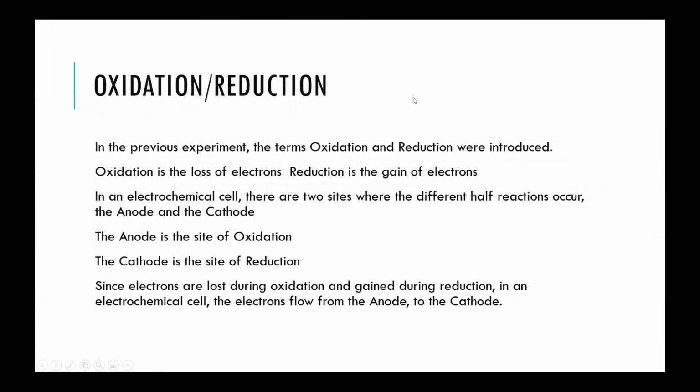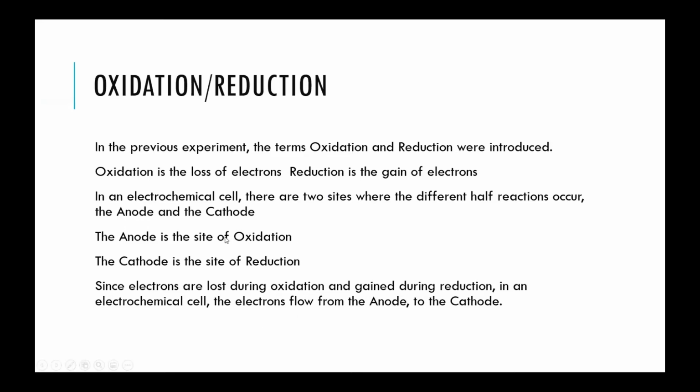As a quick recap of last time, the terms oxidation and reduction. Oxidation is the process where an electron is lost, and reduction is the gain of electrons. They're a little bit counterintuitive. In an electrochemical cell, there are two separate areas, termed the cathode and the anode.